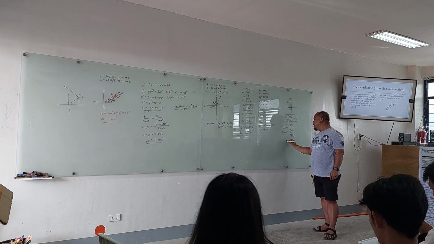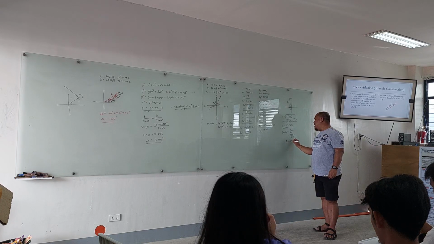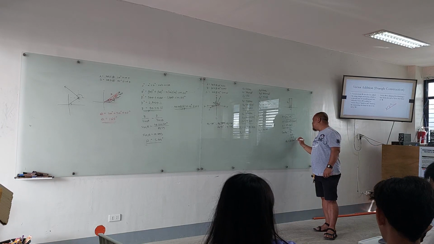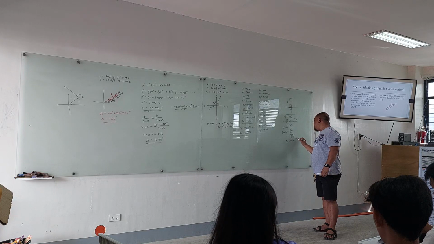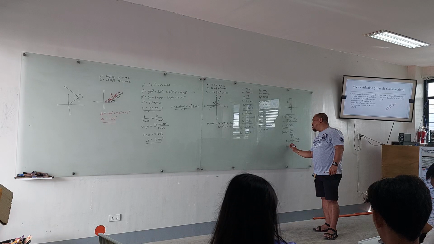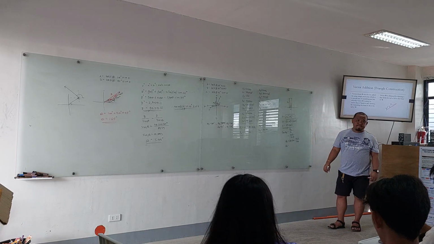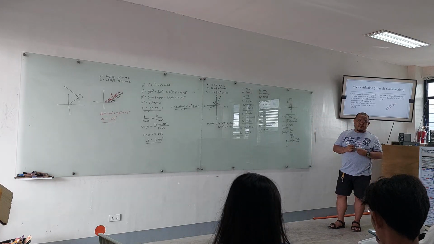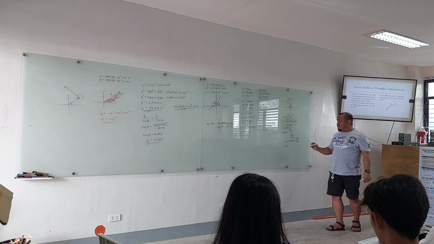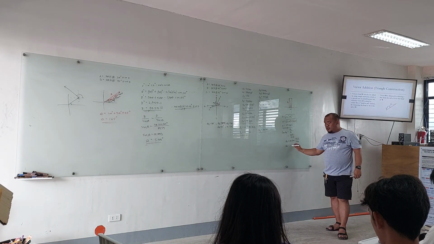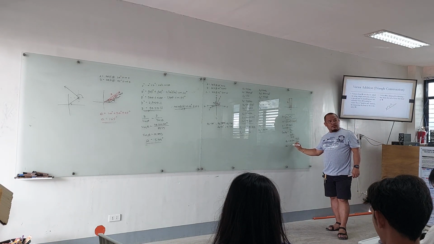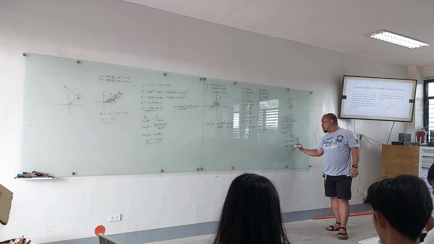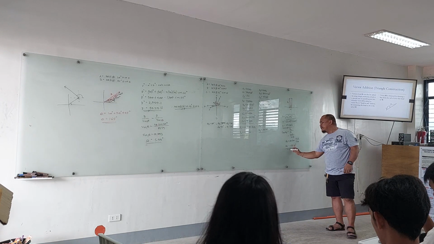Theta R is equals to the inverse tangent of 29.17 over negative 6.56, or theta R is equals to how much? Negative 77.33 degrees. What does this denote?